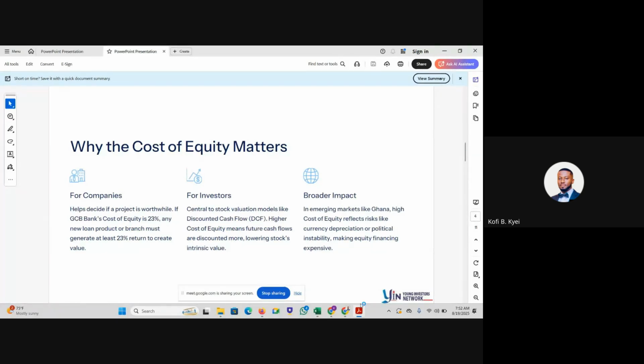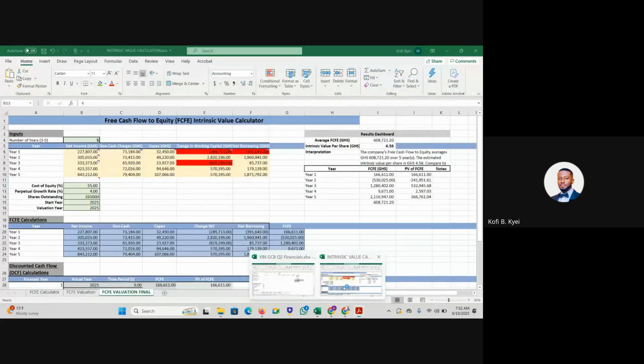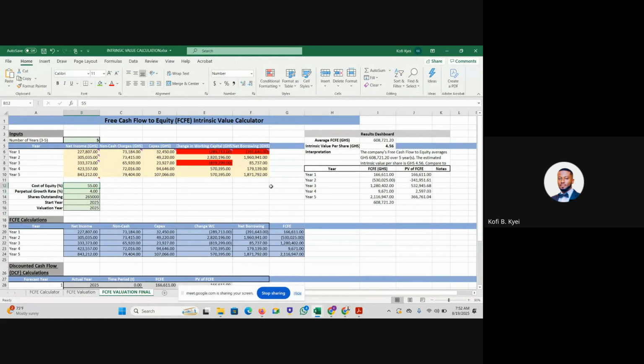The only thing with this discounted cash flow model is that it doesn't factor in the political and other qualitative risks. So that is the issue.